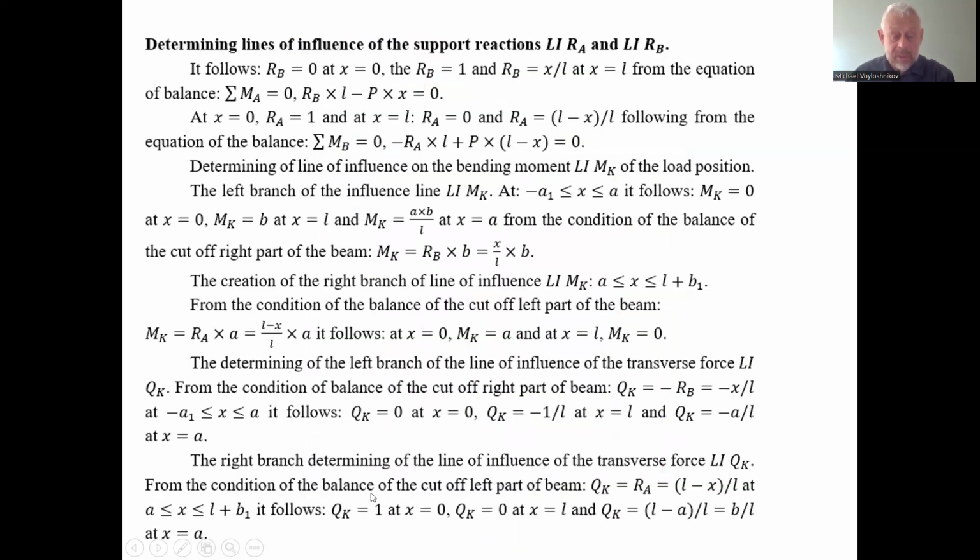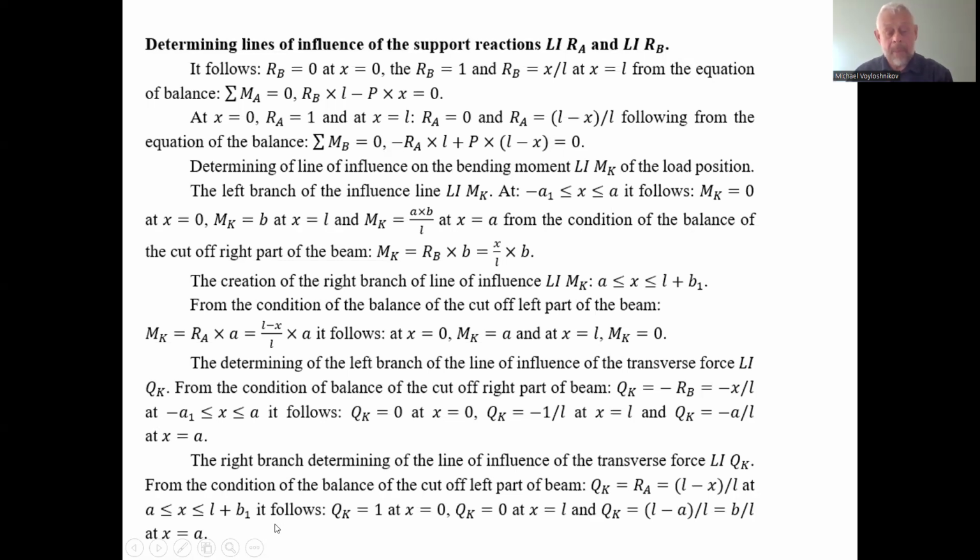And the right branch of the line of influence of the transverse unit force on the shearing force, from the balance of the cutoff left part of the beam: we have here that RA is brackets (L minus X) divided by L. We use it in the interval of X from the point K to the right, that is X from A to L plus B1.